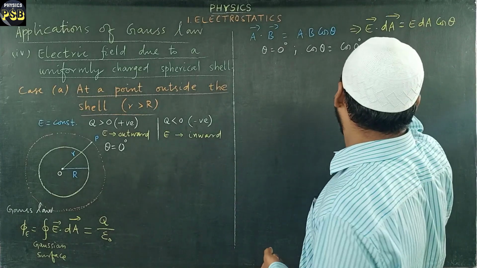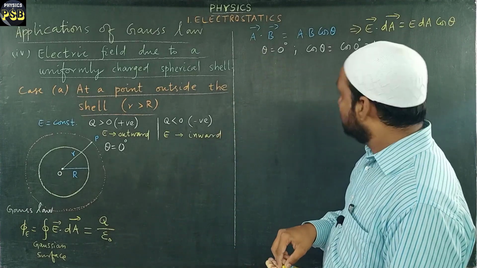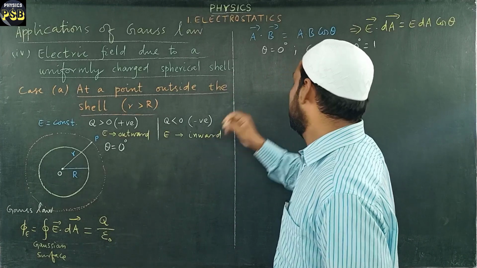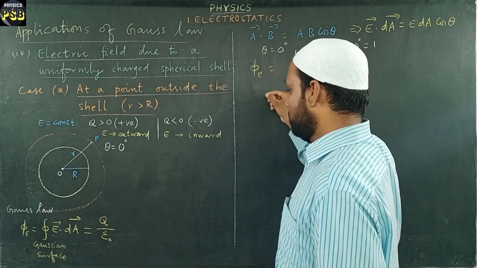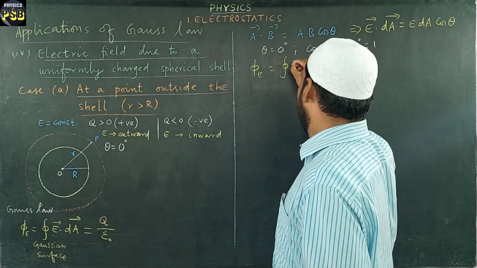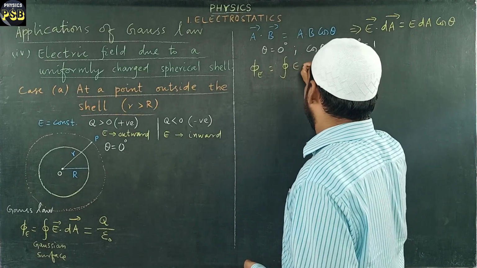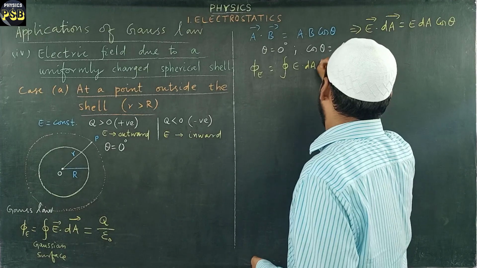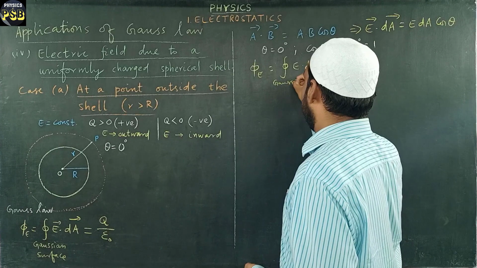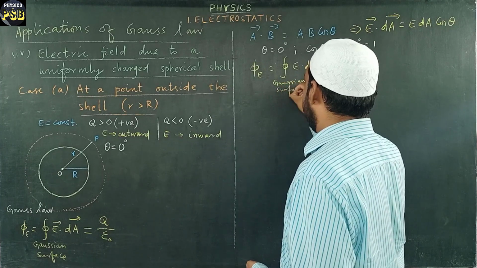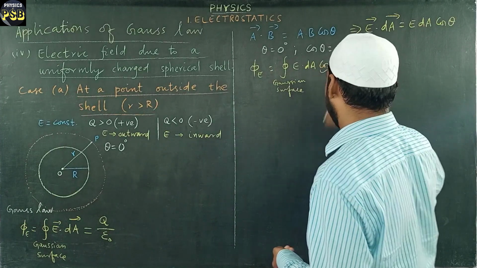Now I am going to substitute these things in this equation in Gauss law. So what will I get? I will get this. Φ_E is equal to closed integral of E vector dot dA vector, and in the place of that I write E dA cos of 0 degree over the Gaussian surface. We know cos of 0 is 1.